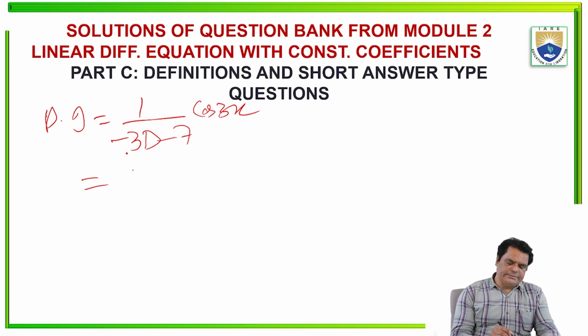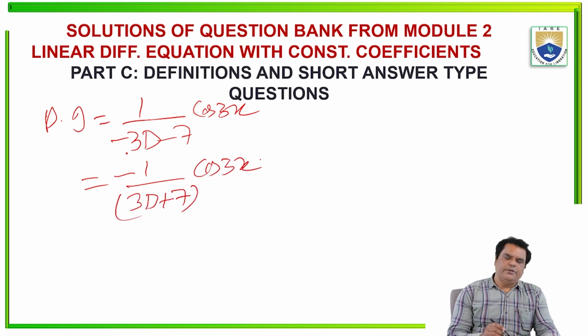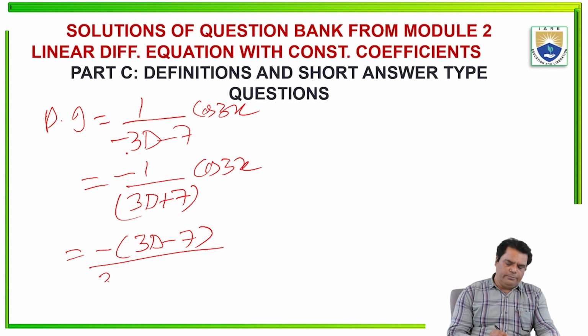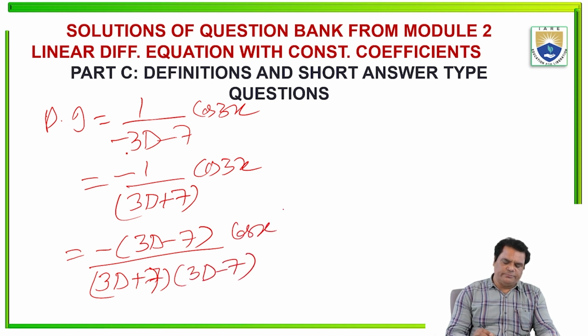Here taking minus sign, minus 1 upon 3D plus 7, into cos 3x. Now multiply its conjugate: minus 3D minus 7 upon 3D plus 7, and into 3D minus 7, and into cos x.